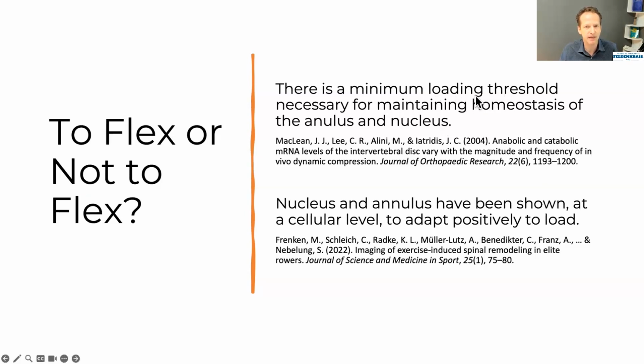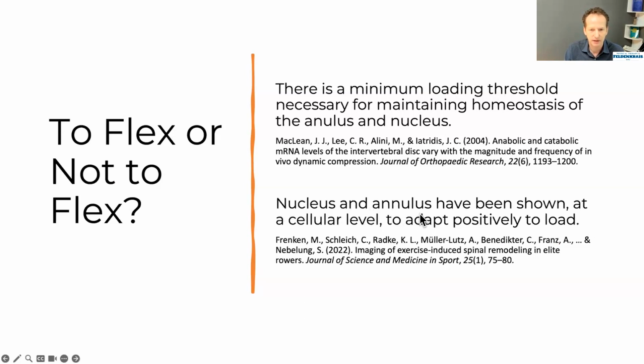So there are some minimum loading thresholds that are necessary for the body to recreate healthy tissues. If you go only into avoidance mode, because I once had a herniated disc and had so much pain and struggled so much, I decide for the rest of my life to avoid flexion, I might be doing myself a disservice.